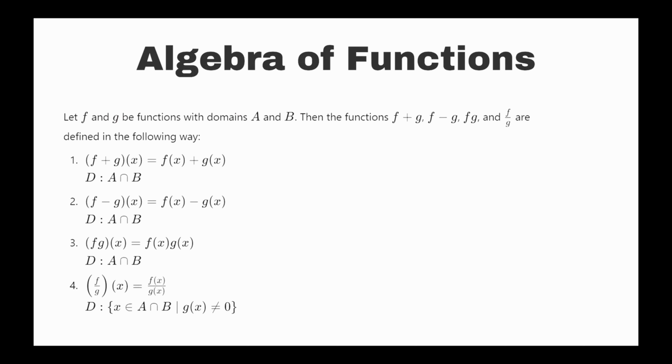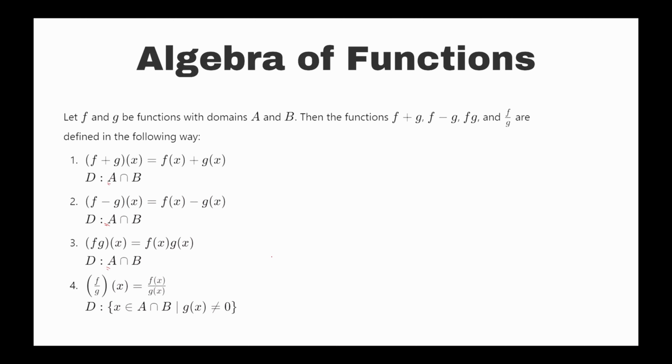It would be the intersection of A and B. If you have any other algebraic operation between these two functions, ultimately your domain would be the intersection of the domains of all the separate functions. You need to keep this in mind, because we need to satisfy each and every function so that our entire function is possible and it can have a finite value. That is why we take the intersection.